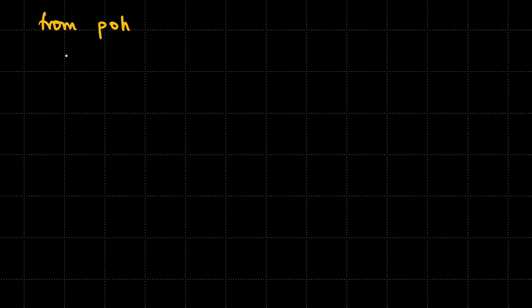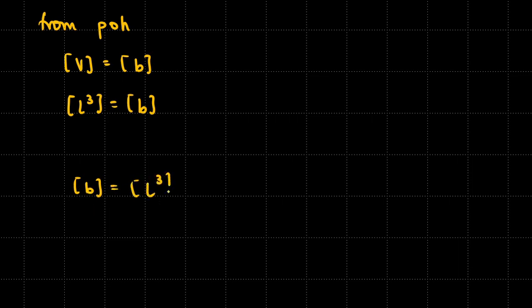Here the dimension of V must be equal to the dimension of b. So the dimension of V is L cubed, and therefore the dimension of b will just be L cubed. Hence the dimensions of both a and b were found. In the next video we are going to do some more questions. So bye bye.